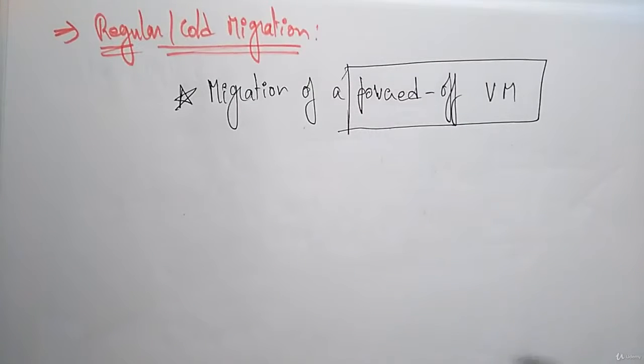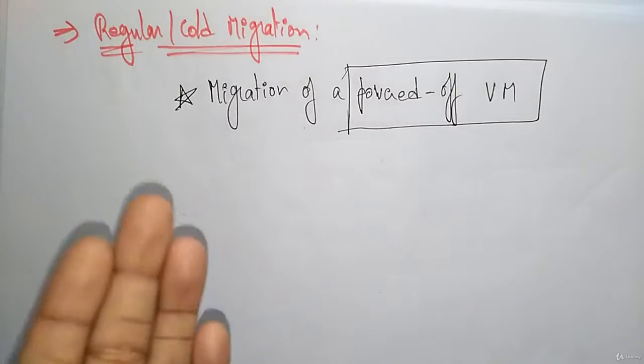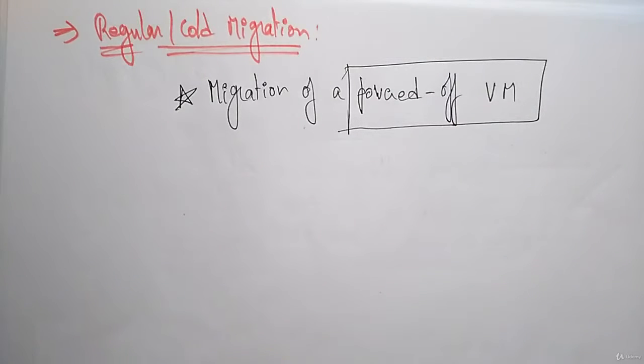Whenever the power is off, there is no transferring of heat, and when there is no heat transfer, the system becomes cold. So regular or cold migration is the movement of the virtual machine from one physical host to another physical host during power off.